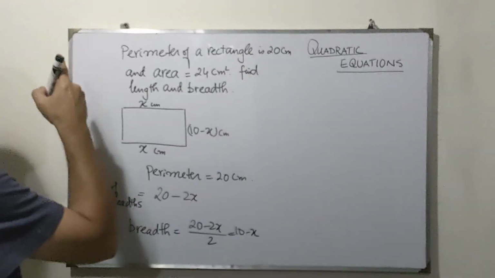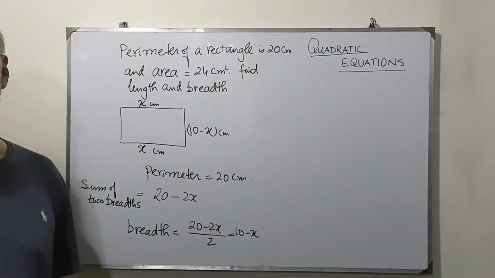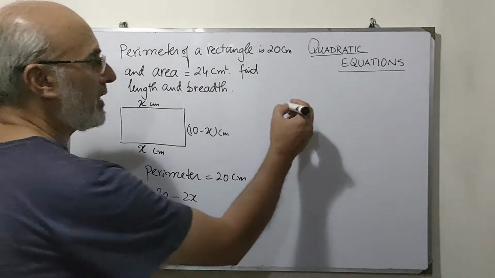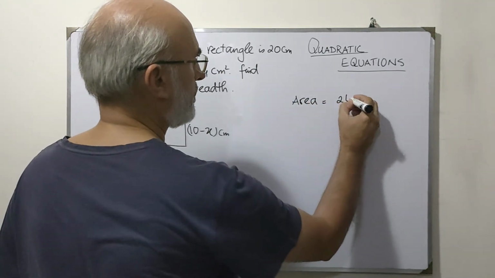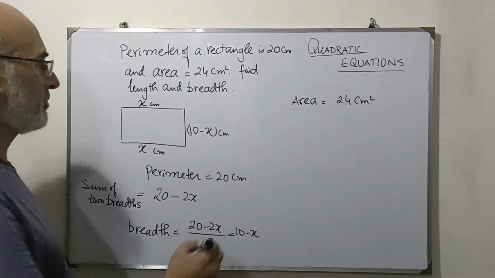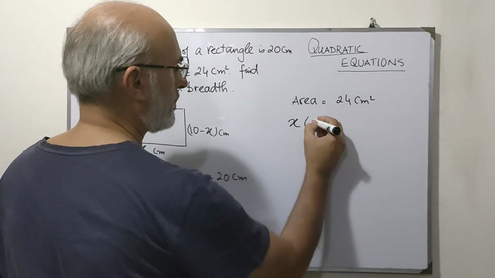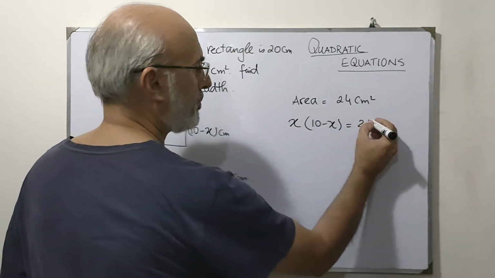If this is 10 minus x, this is also 10 minus x. Now we have length and breadth. Also given is the area, 24 cm square. So x into 10 minus x is equal to the area, which is 24.